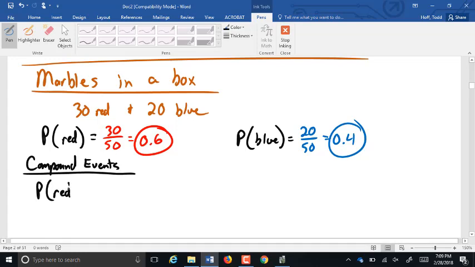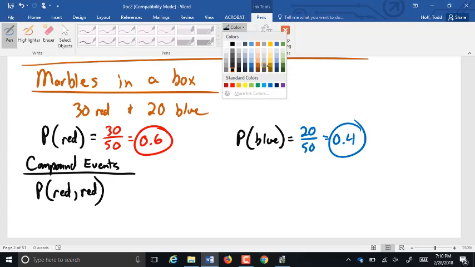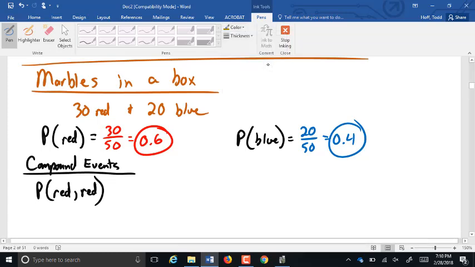What is the probability that the first one will be red and the second one will be red? Well, for what I've given you here so far, we don't have enough information, because there are 2 possibilities here. There's a term called with replacement and without replacement.